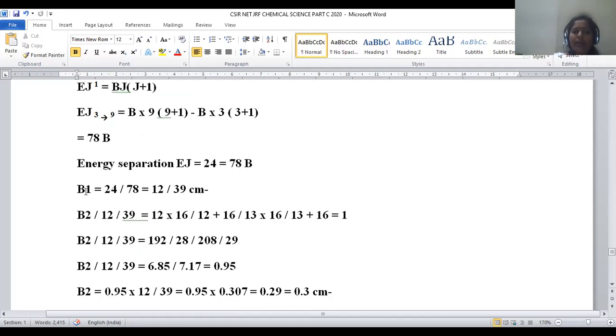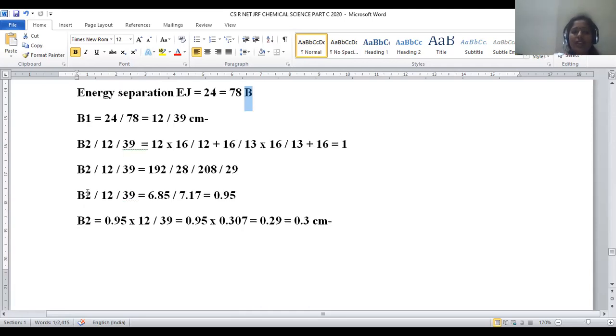Now let us find the B value from this equation. B1 is equal to 24 upon 78, which simplifies to 12 by 39. So 12 by 39 is the B1 value.